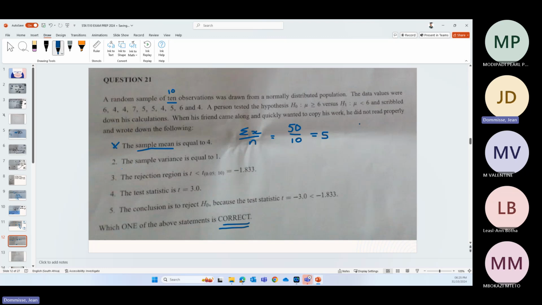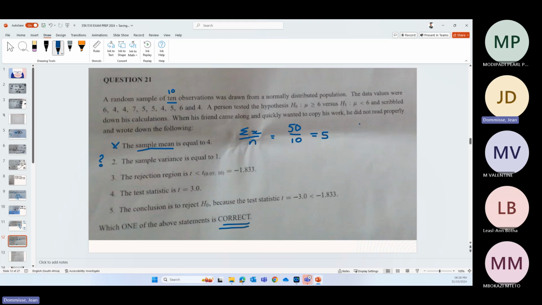Yes, okay, the sample variance is equal to 1. Okay, that one, not sure how to work it out if we just have this and without going to the next step. So rejection region.